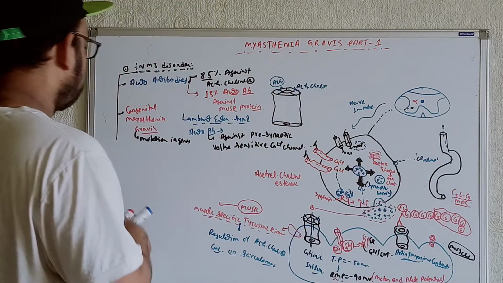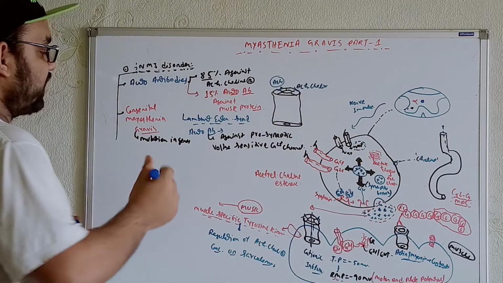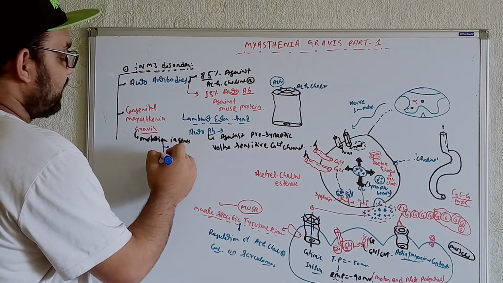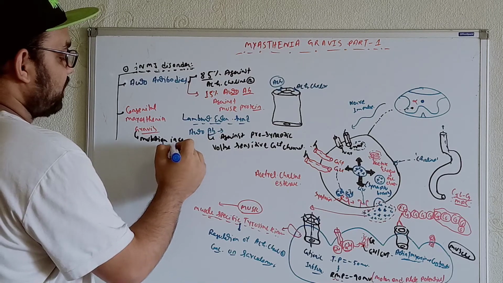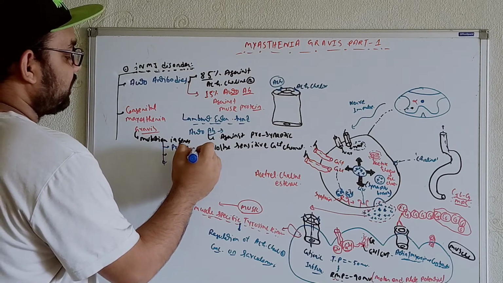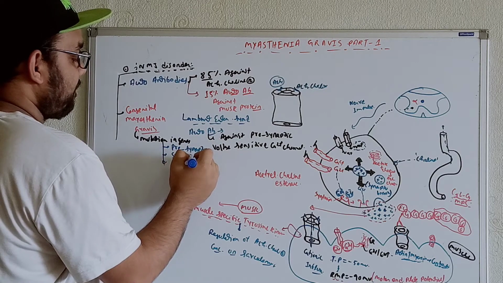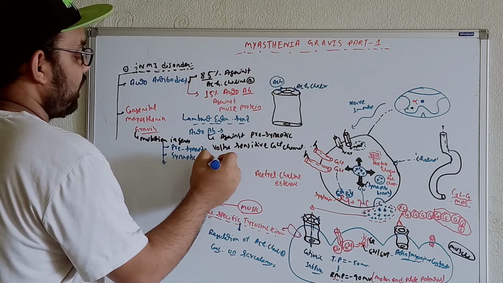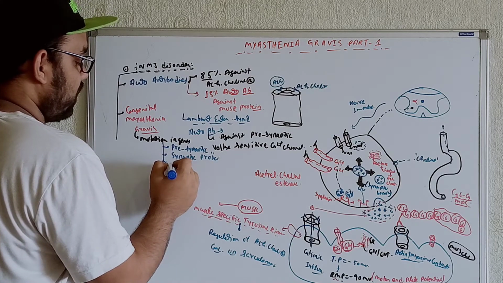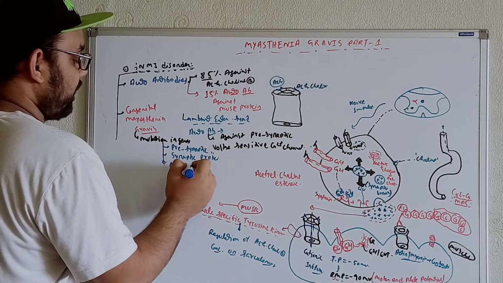So in congenital myasthenia gravis, we get the production of defective presynaptic proteins, synaptic proteins, and postsynaptic proteins.